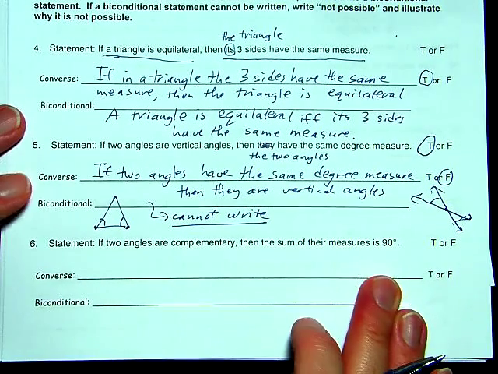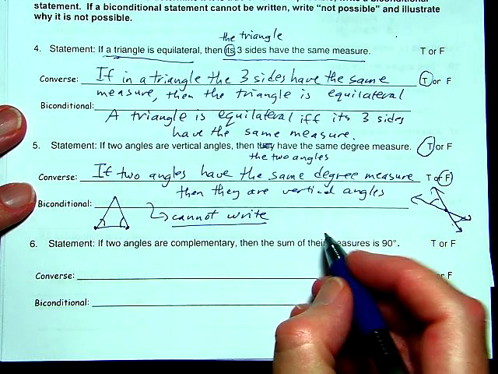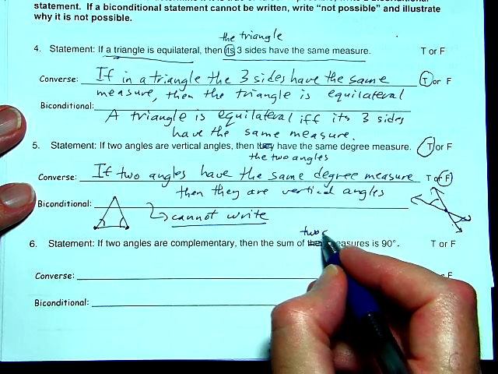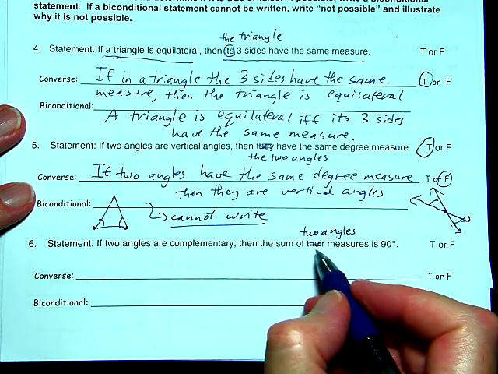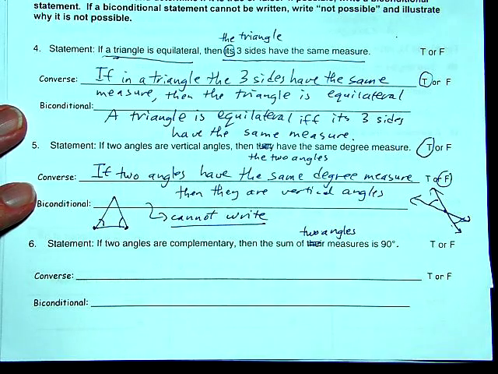Let's look at statement number 6. If two angles are complementary, then the sum of the two angles' measures is 90 degrees. The there is referring to the two angles. So I'm just rewriting that little thing there so that when we do the converse, it will sound a little bit better.